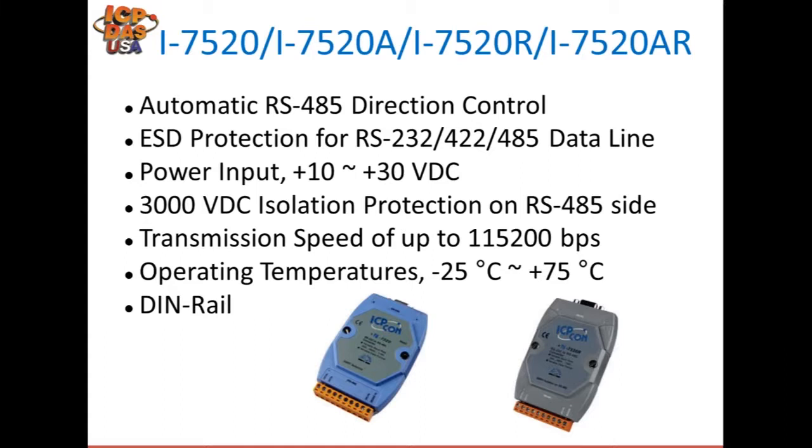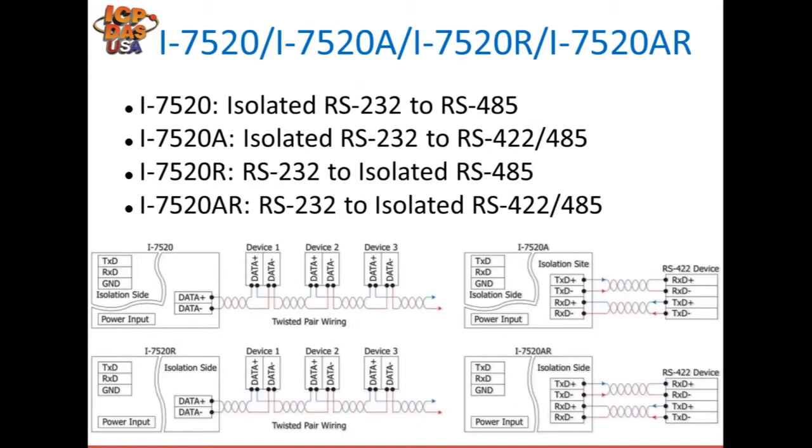The I-7520 has an isolation feature to protect either the PC or PLC or the RS-485 network, depending on how the converter will be powered. The user can select the proper module to ensure isolation.